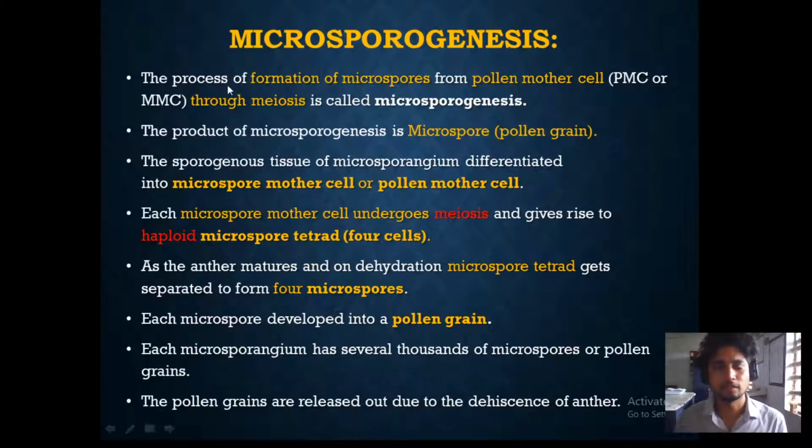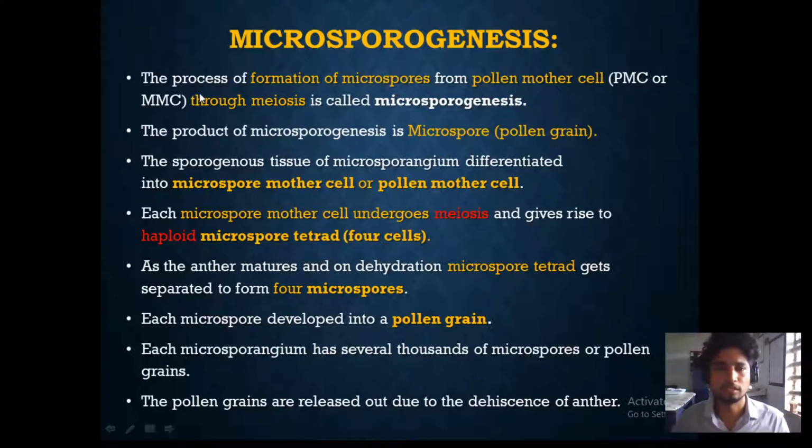Microsporogenesis is the process of formation of microspores from the pollen mother cell, or PMC, or MMC. That MMC is nothing but microspore mother cell. How it is produced is through meiosis, and this is called microsporogenesis. Once again, the process of formation of microspores from the pollen mother cell through meiosis is called microsporogenesis.